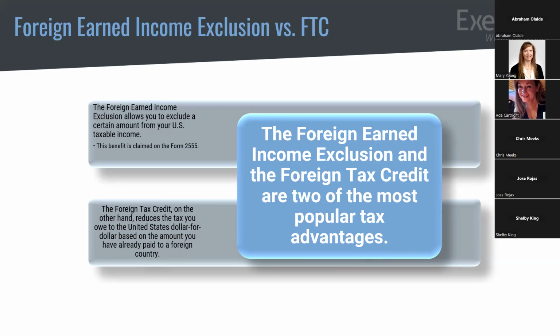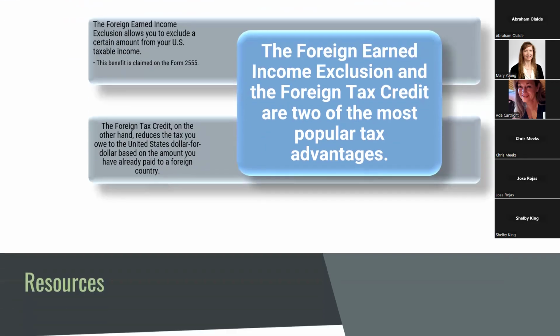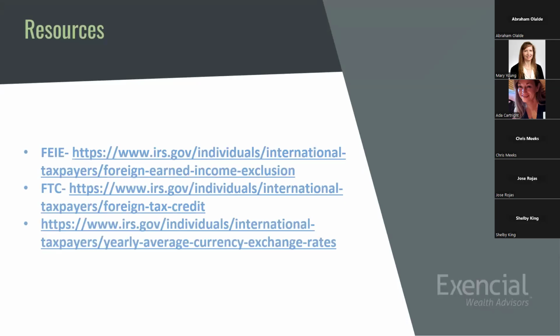On the other hand, the foreign tax credit is going to reduce the tax you owe to the United States dollar for dollar based on the amount you have already paid to a foreign country. Just to restate this again, you cannot take the exclusion and the credit. So if you exclude your foreign earned income on the exclusion, you can't also use the taxes that you've paid in that country to qualify for the credit. And then here are the resources if you ever need to look up your most up-to-date numbers.